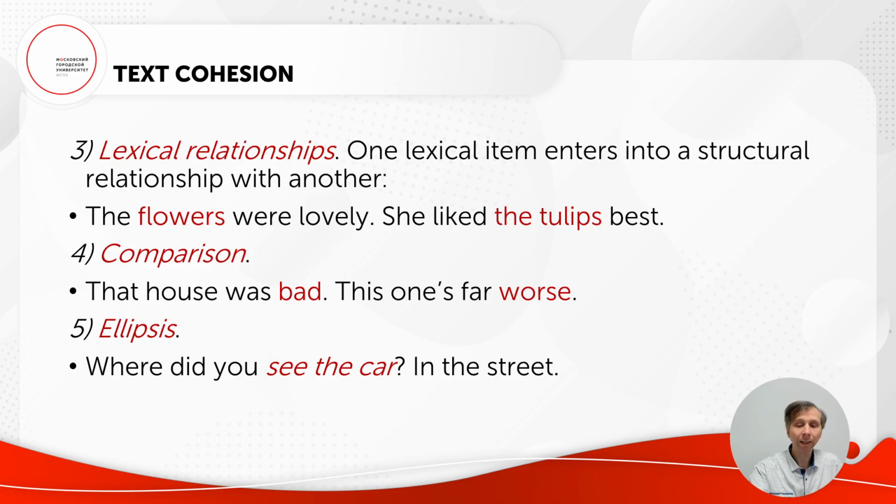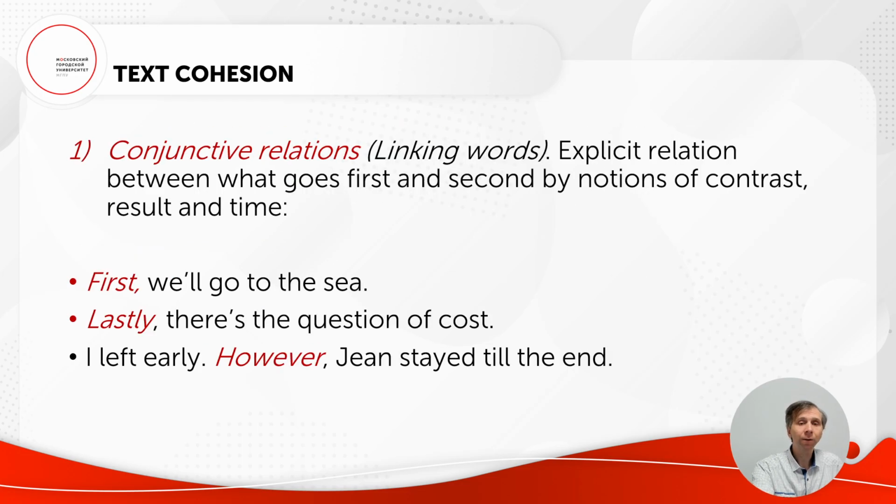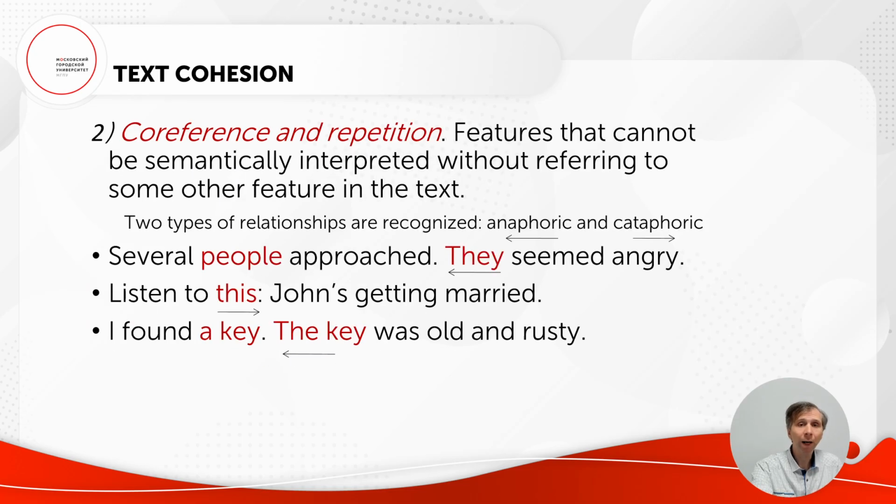So once again, these are the five media, the five elements which tie the text together and enable text cohesion. They are the conjunctive relations, the linking words, co-reference and repetition, usually by deixis, by pronouns, and by repetition, but also by such categories as the definite article, for example.